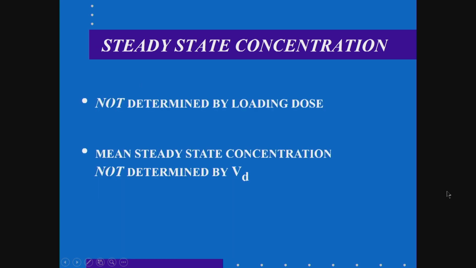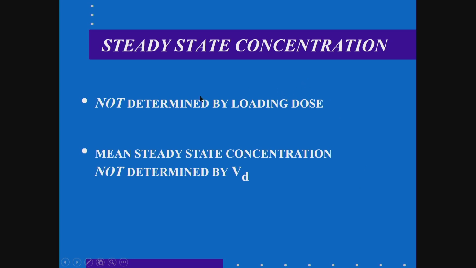So the steady state concentration, let us emphasize, is not determined by the loading dose. Now, once again, some drugs require the administration of a loading dose to establish a therapeutic concentration rapidly. But the loading dose does not determine what the steady state concentration will be with continuous administration of the drug.